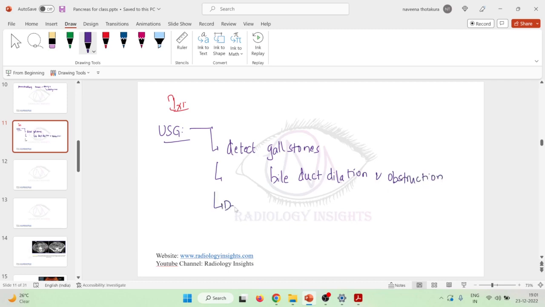This is also helpful for diagnosing unsuspected acute pancreatitis, or to confirm the diagnosis of acute pancreatitis.